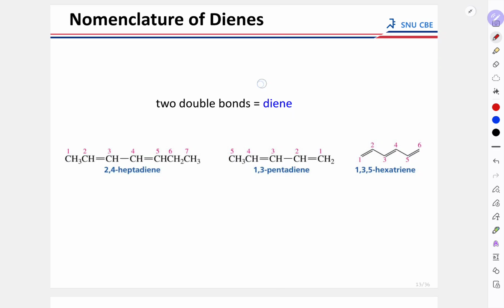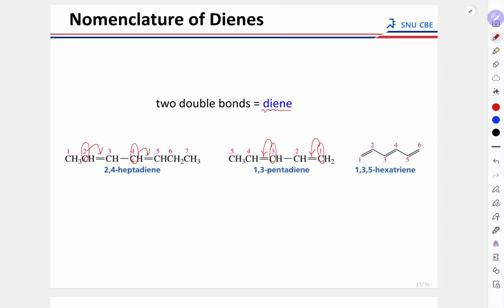heptadiene. Okay? So this is starting from the structure of the heptane, right? And from the heptane, you have to convert it to heptene, but you have 2 alkene sites. That's why this is heptadiene. So for the diene, you have 2, and in this case, you have 3, right?